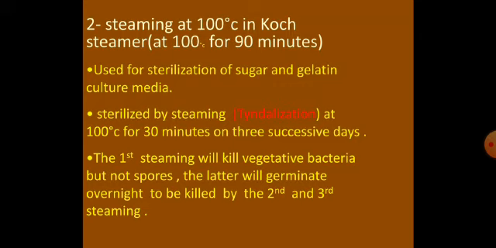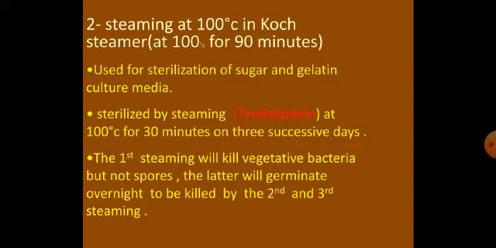But sometimes the preparation doesn't withstand 100 degrees for 90 minutes, as in the case of sugar and gelatin culture media. In this case, we fractionate this moist heat at 100 degrees for 30 minutes on 3 successive days.